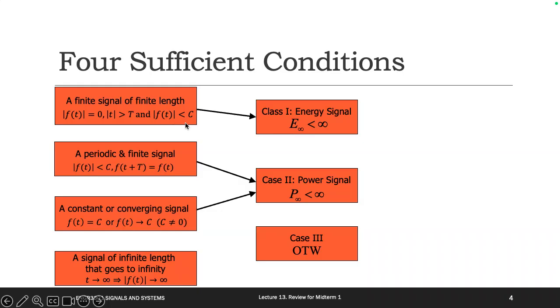It also converges to a value, and this one also converges to a value. So what's the difference between the convergent signal, the third type, and the first type? Do you remember?